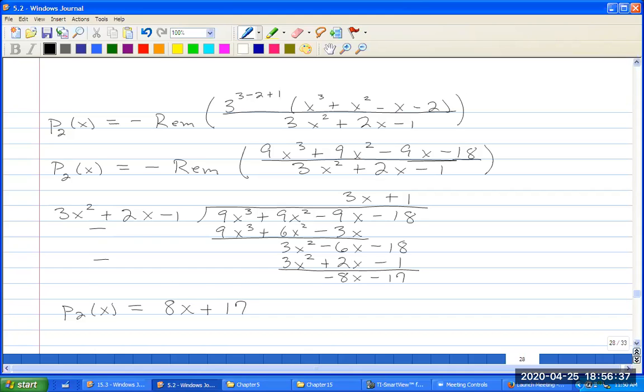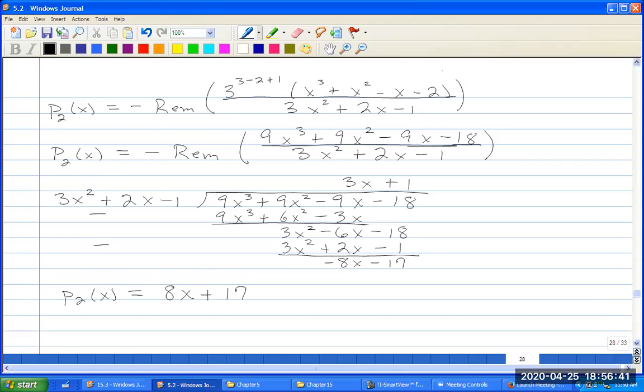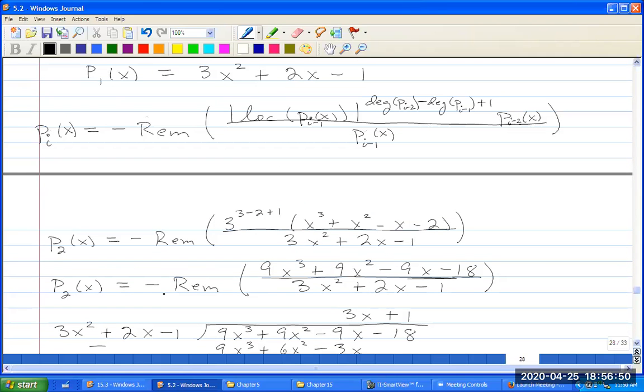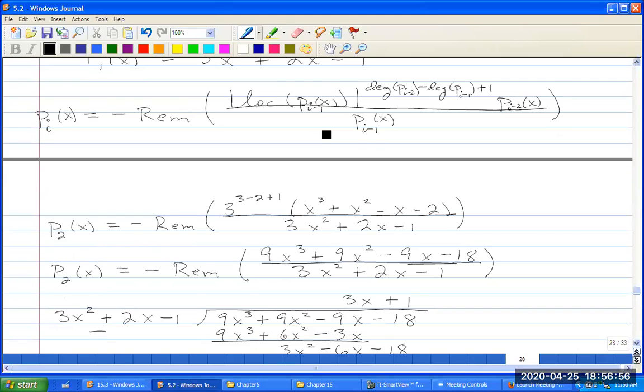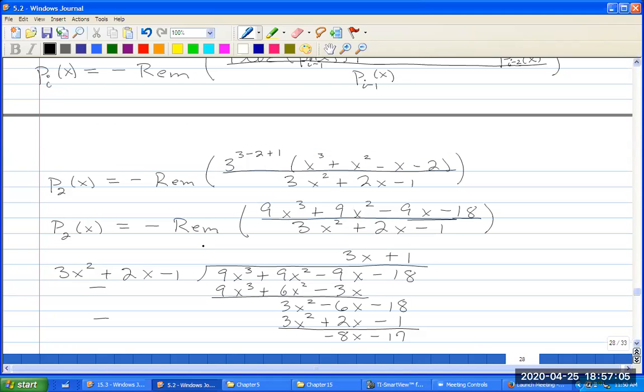Okay, good. And so now let's figure out p sub 3. Let's look at this. It says find the leading order coefficient. The leading order coefficient is 8 to the power of, well, it's going to be 2 again, but let's do this.